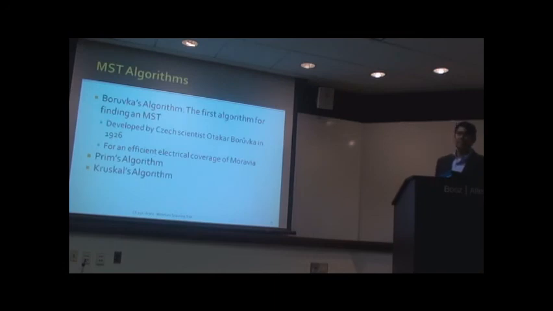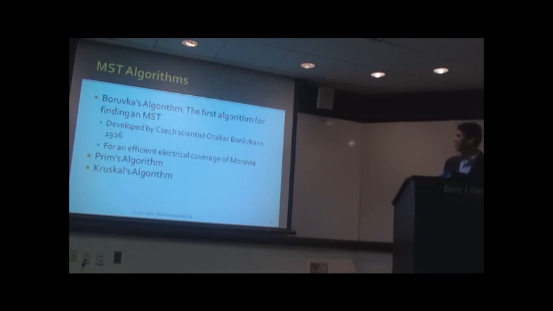So here are the algorithms that we have covered, not all of them, but we have covered some of them at least to some extent. One of the first algorithms, the first documented algorithm, is called Borůvka's algorithm. It was designed by a Czech scientist named Borůvka, who was motivated by an actual problem.